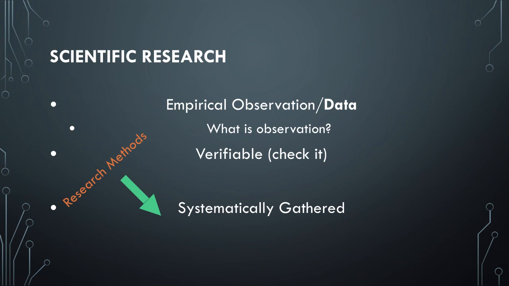And so this is where a lot of our research designs and methods are going to come in, because they ensure that we're doing things in a systematic and rigorous way, and that it's clear what we're doing to others so that they can check our work and make sure we're not just making stuff up. And all of this is a way of creating knowledge about our social world.